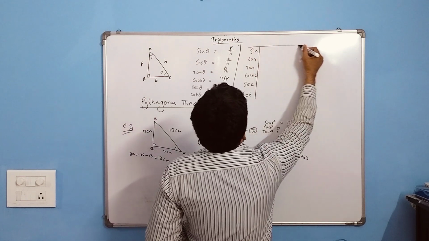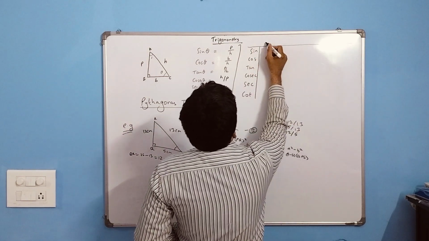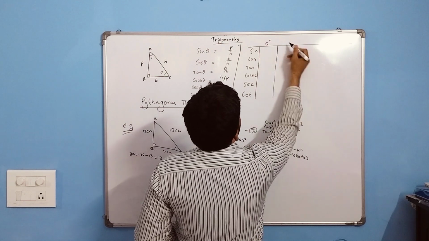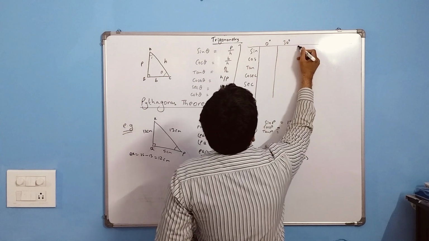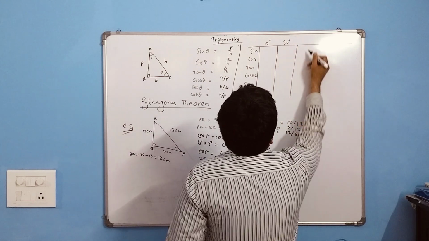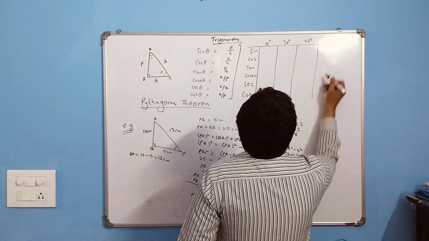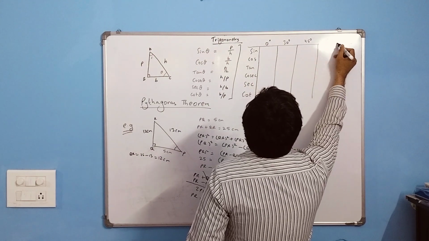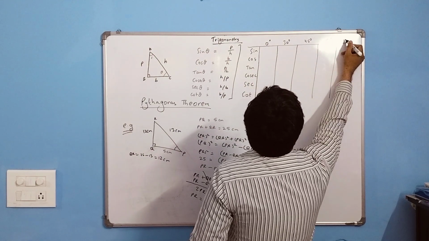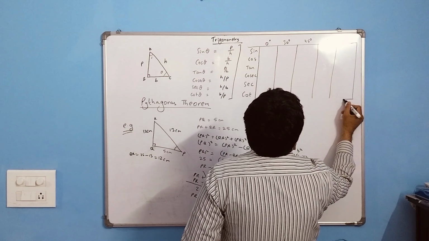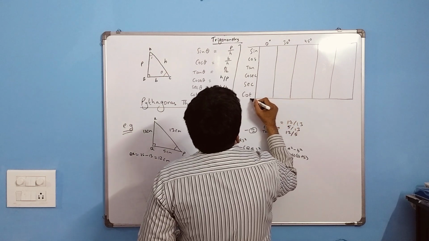From this table you can do this: 0 degree, 30 degree, 45 degree, 60 degree, 90 degree. Alright, so now in this section we have the values.